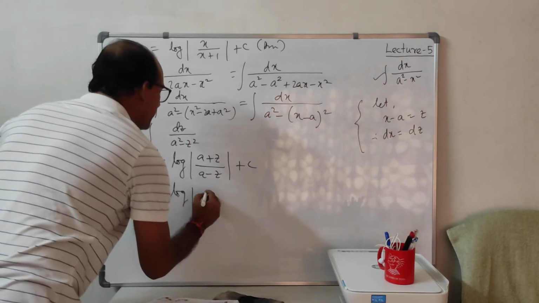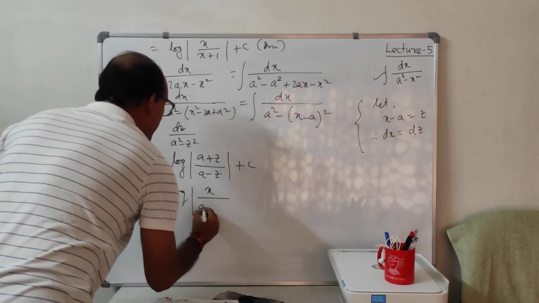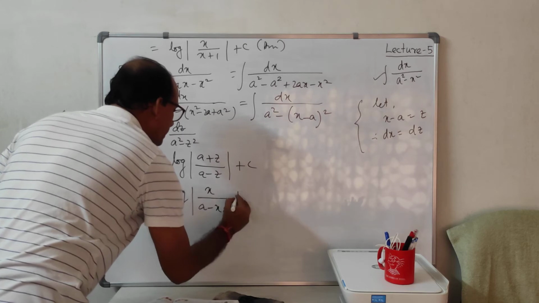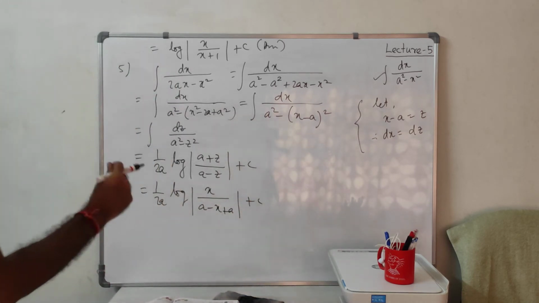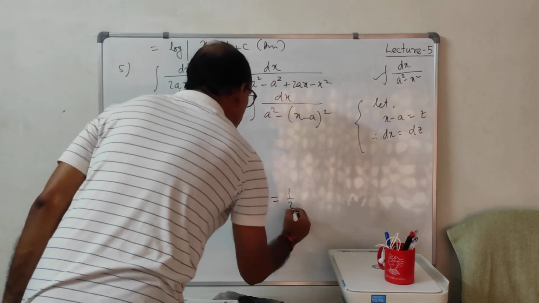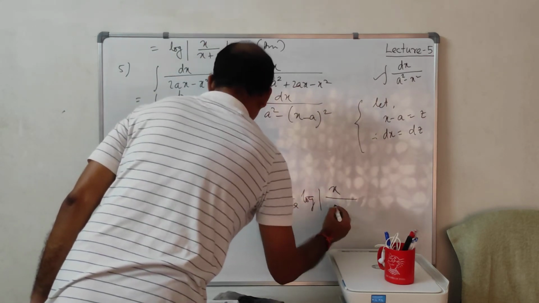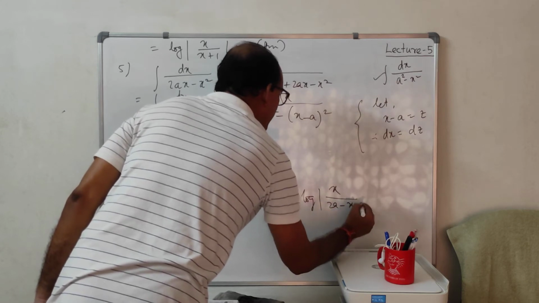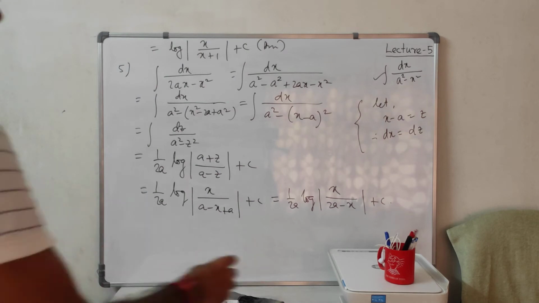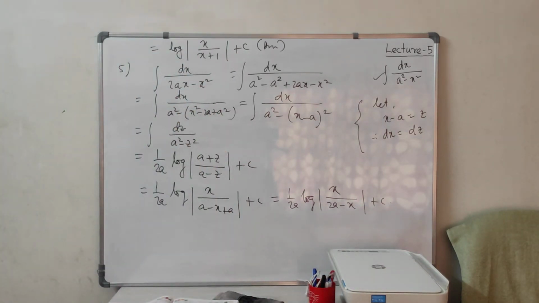You will get x in the numerator by a minus z, a minus (x minus a), that is 2a minus x, plus c. That is 1 by 2a log mod x by (2a minus x) plus c. See, this is the result.